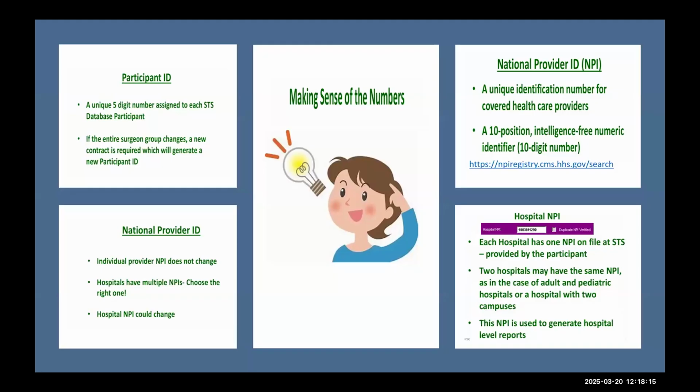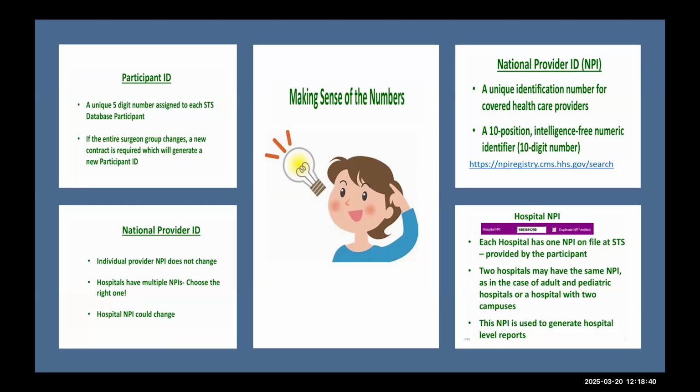So what are all these numbers? Well, your participant ID, remember, we talked about this in a prior webinar, is that unique 5-digit number assigned to each STS participant in the database. If the entire surgeon group changes, if you have a new contract, then of course you're going to get a new participant ID number.